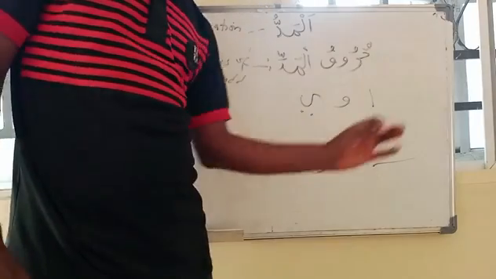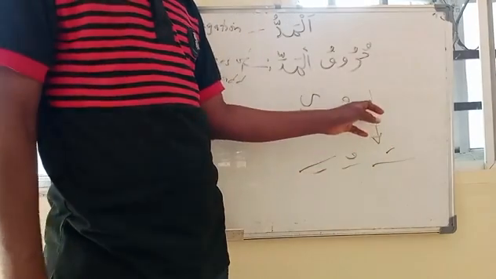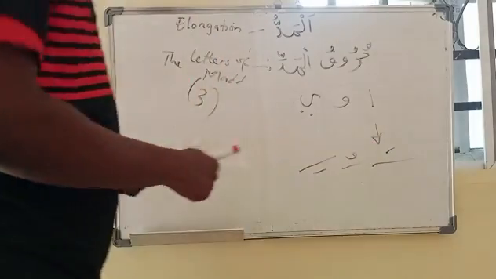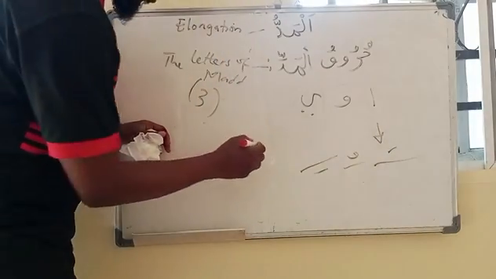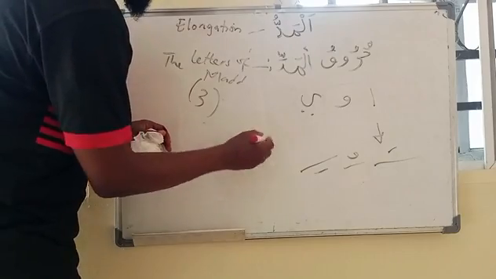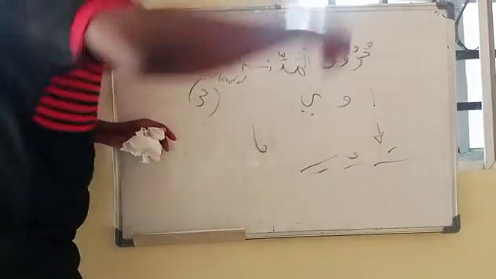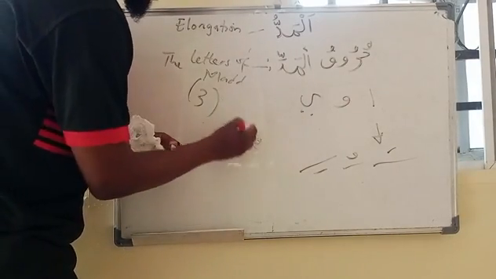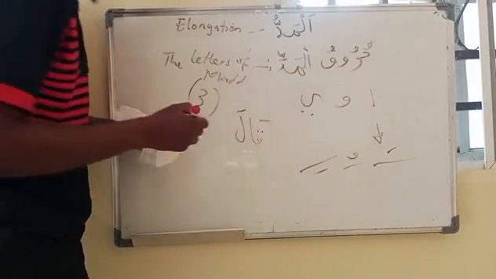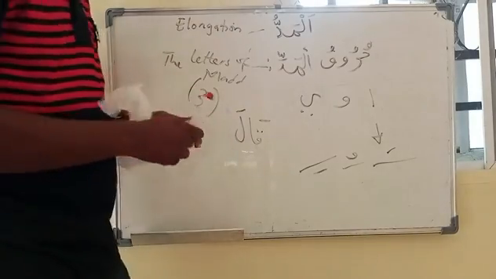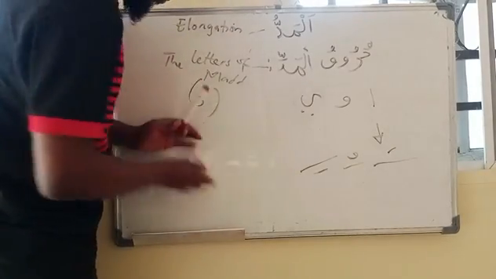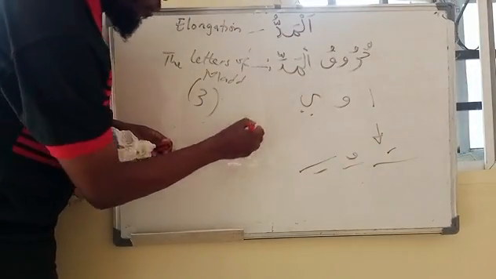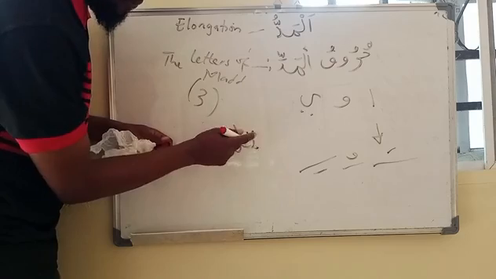So to elongate the A sound, we write an alif after the letter that carries fatha. For instance, the example is kola. Without elongation, we would have kaf, then lam.